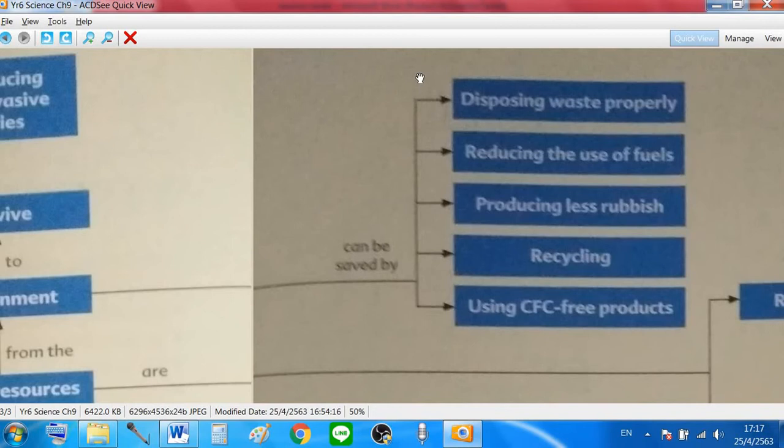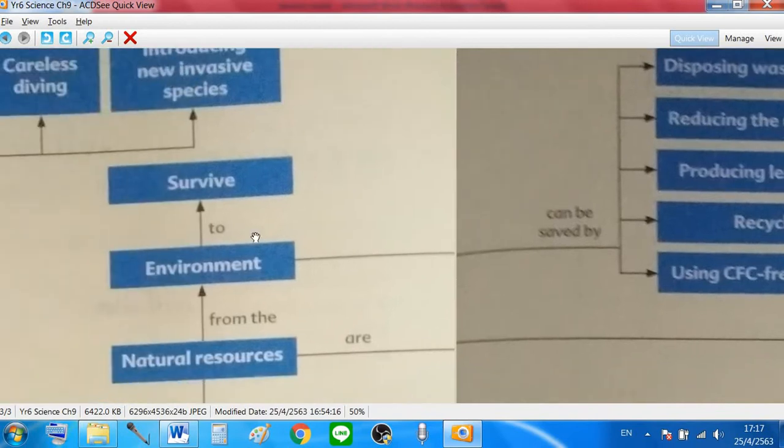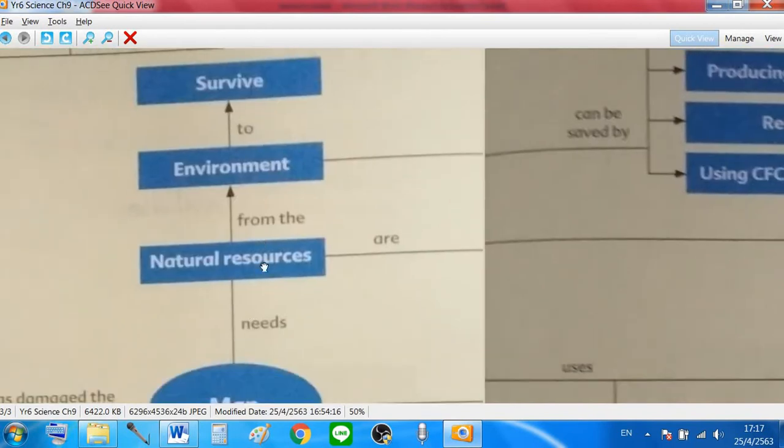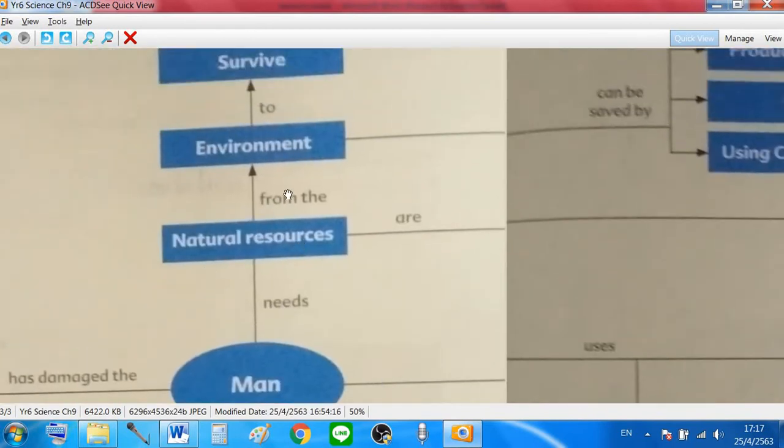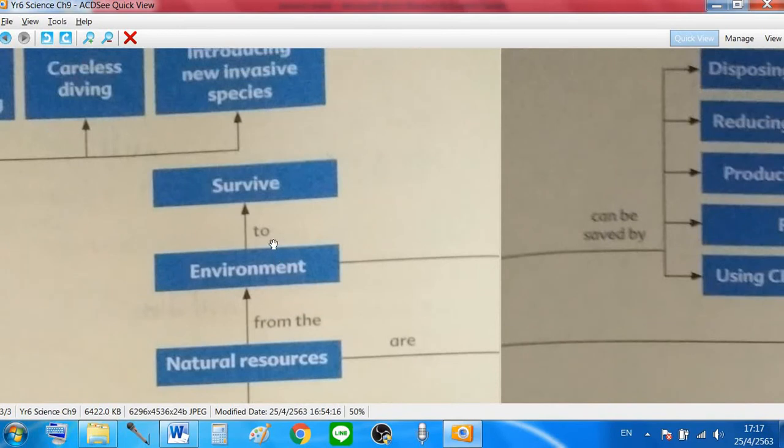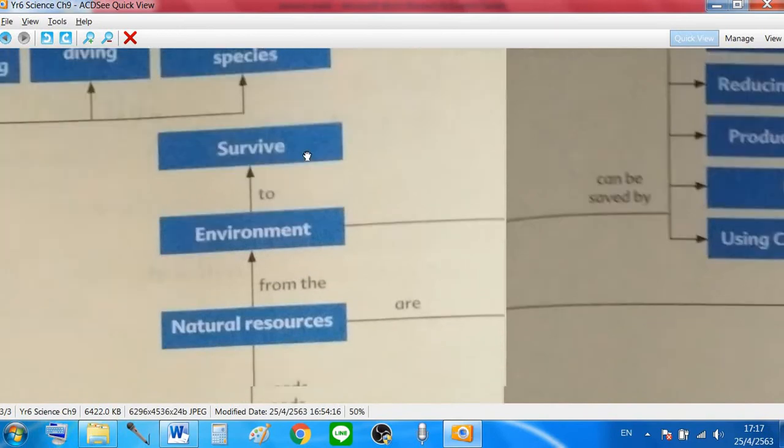And so you can see in the book there are examples of these 5 ways we can save the environment and their effect on the environment. So we have man needs natural resources from the environment to survive.